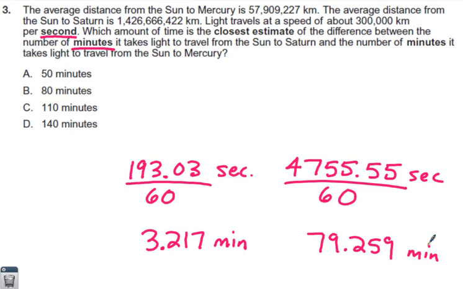Wait a minute. Which amount of time is the closest of the difference? I'm surprised they didn't say how many more minutes does it take. So it's like an extra step that they want you to do.